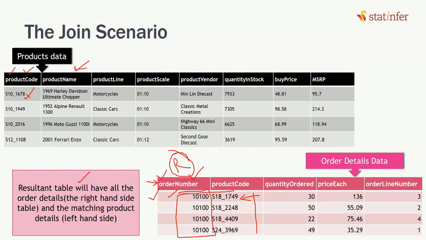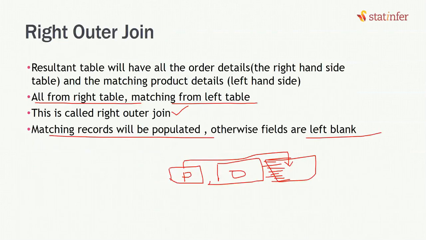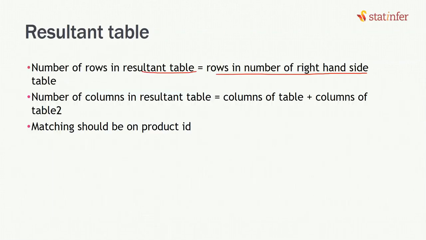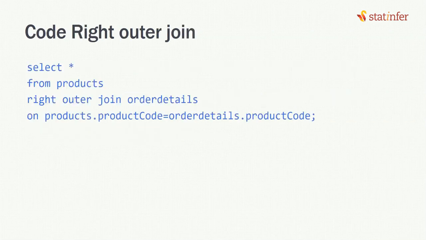Because we are taking complete information from the orders table and attaching matching information from the left hand side table. The number of columns in the resultant table will be columns in table 1 and columns in table 2. And the matching ID should be product ID, whatever is the unique ID based on which we can match.